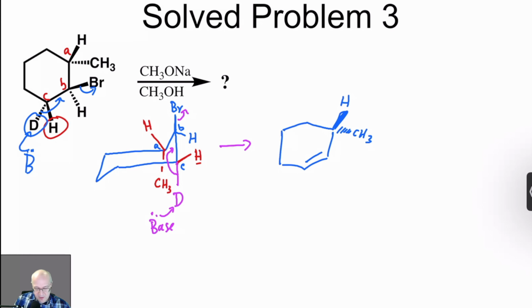All right, now let me show you the flip chair. Let me do the flip chair of this molecule here so you can see why the other ones don't work, why this one and this one are never abstracted. So I'm going to draw this as a flip chair.